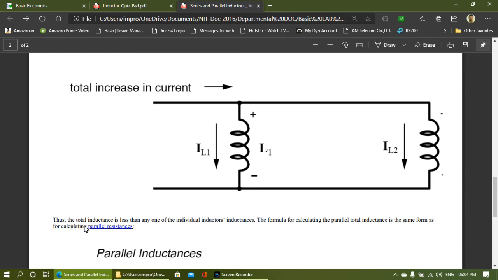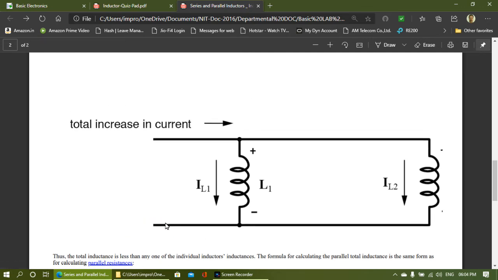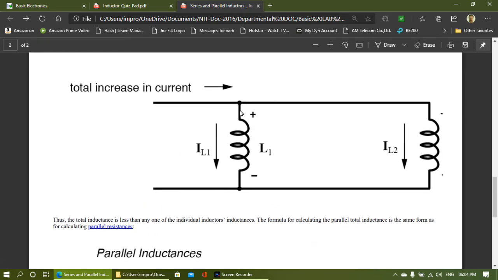They have already told you that the total inductance is less than any of the individual inductances. The formula for calculating parallel total inductance is the same form as the calculation of parallel resistance. If you connect two coils in parallel, the total voltage drop across both inductors will decrease.